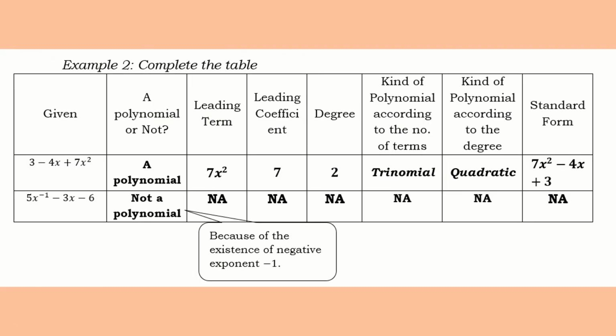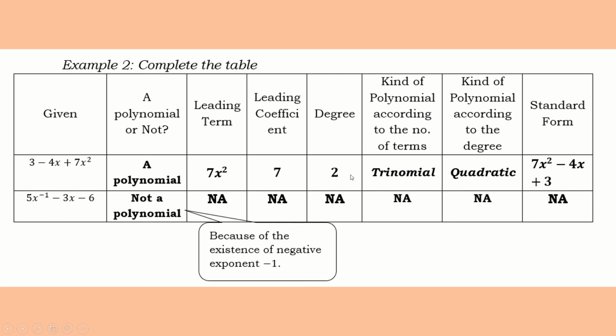Example, complete the table. We have here the given 3 minus 4x plus 7x squared. A polynomial or not? Yes, a polynomial because our exponent here is positive 2. The leading term is 7x squared, since it has the highest degree. The leading coefficient is 7.